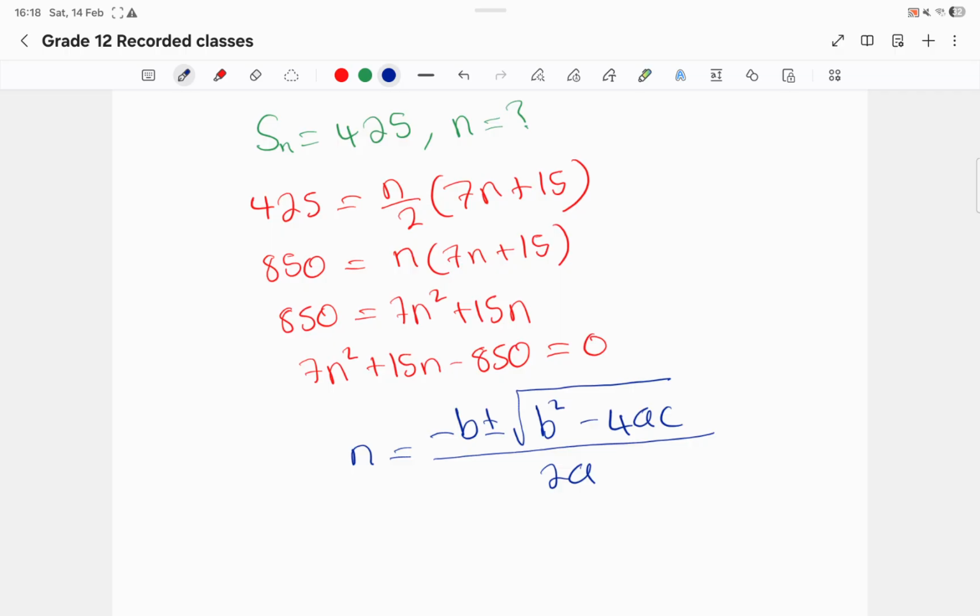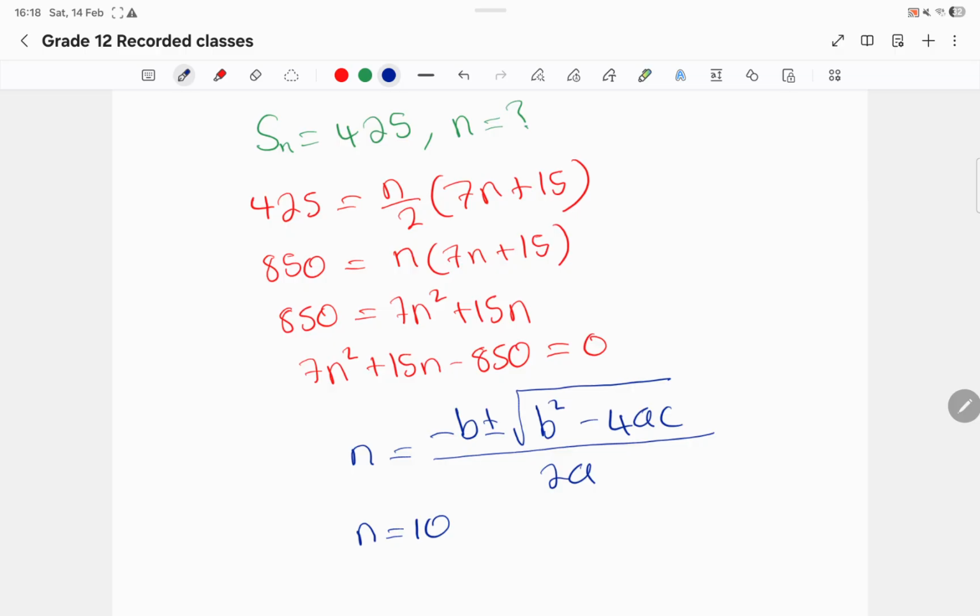We get minus b, which is minus 15, plus the root of 15 squared minus 4 times a, which is 7, times c, which is negative 850, over 2 times 7. So I get n is 10.